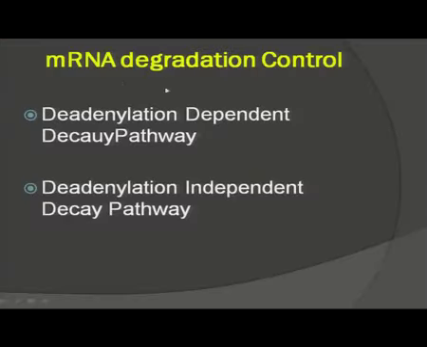Next to this, messenger RNA degradation control level is there, which includes deadenylation dependent decay pathway and deadenylation independent decay pathway. In this degradation control level, the messenger RNA will be degraded either with the help of deadenylation or without the help of deadenylation.